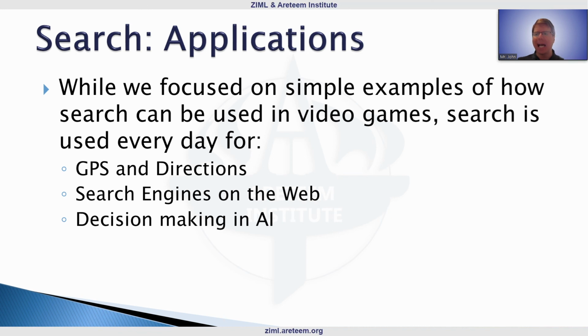If you have an AI that is trying to recognize an object, there would be decisions and search. Does this look like an apple? Does this look like an orange? Does this look like a banana? And so you're doing a search that way as well. So there's many, many different applications for search outside of video games as well.